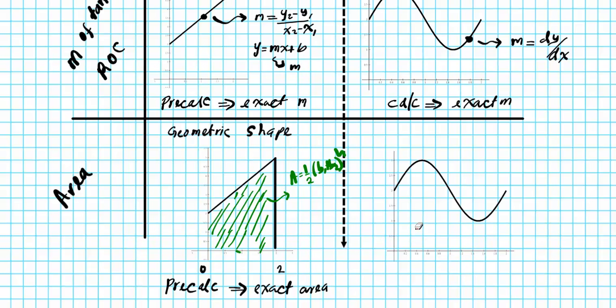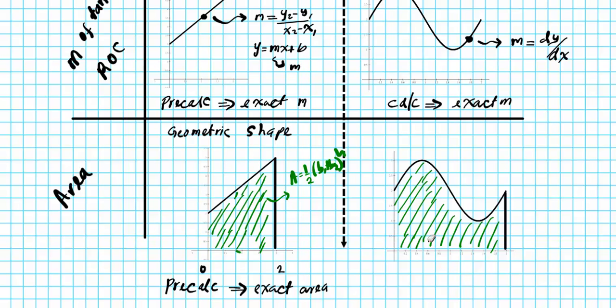Now, what if you have something like this? The region bounded by the curve and the x-axis from 0 to 2, in this case, is a non-geometric shape. Which geometric shape or combination of basic geometric shapes can you combine to capture the exact area represented by this green region right here?